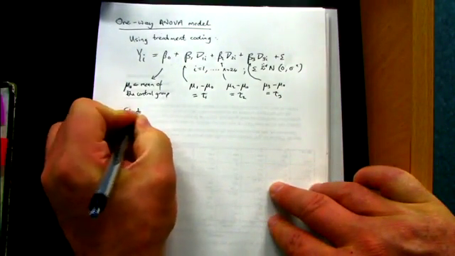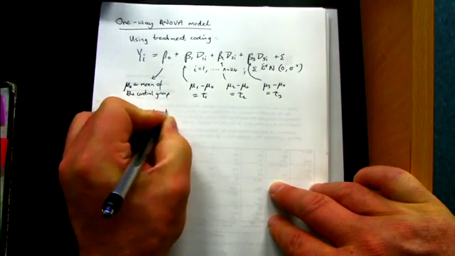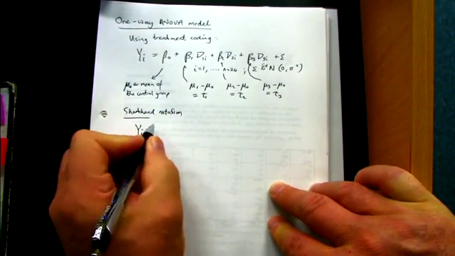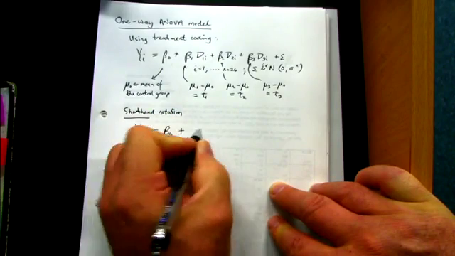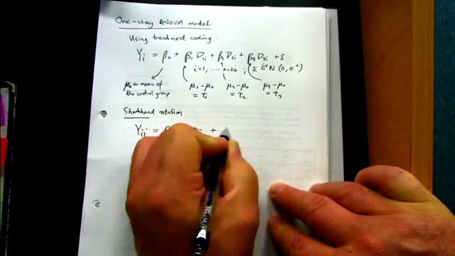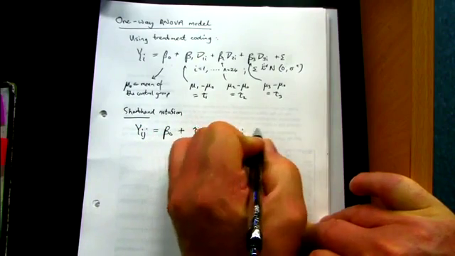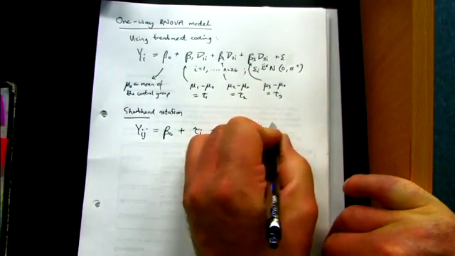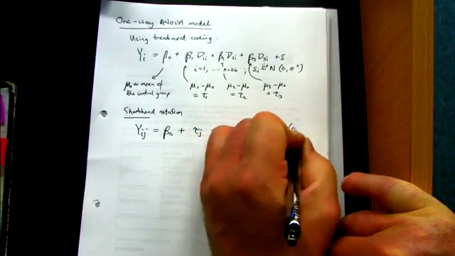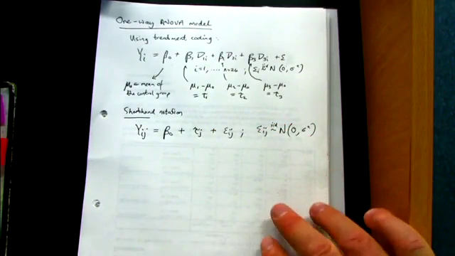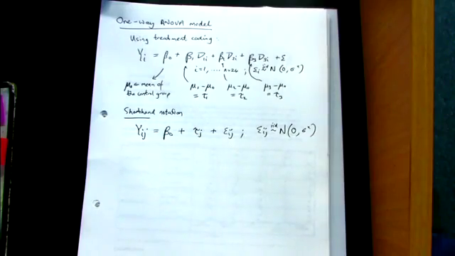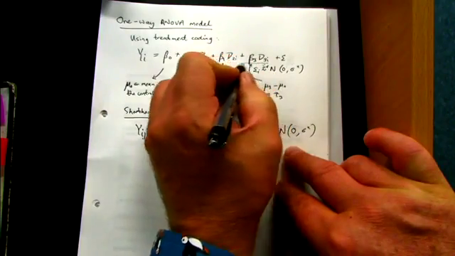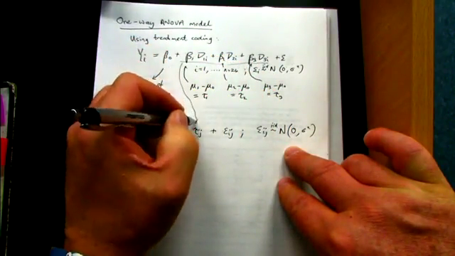Here's the shorthand notation we're going to use from now on, because it really is shorthand. The EIJs are still IID normal 0 sigma squared, but really what we've done is we've condensed those 3 terms there into a single term there.